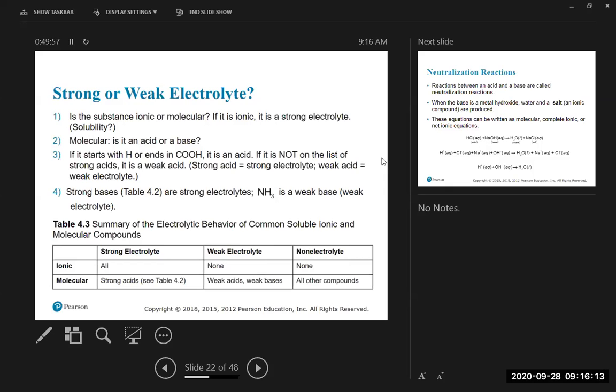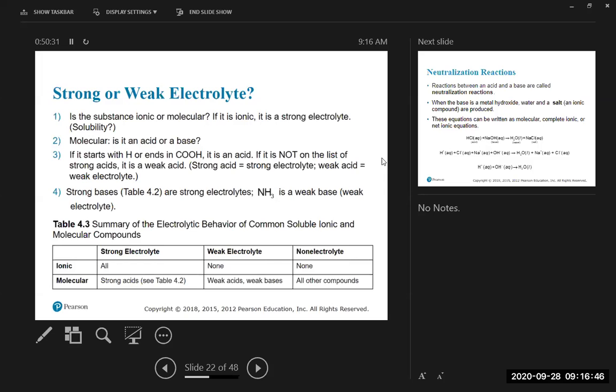If it's a molecular compound, so in other words, not an ionic compound, we need to decide, is it an acid or a base? If it starts with or ends in a proton, it's usually an acid. So there's that COOH that I was mentioning on the acetic acid. If it's not on the list of strong acids, it's probably a weak acid. Strong acid, strong electrolyte, weak acid, weak electrolyte.